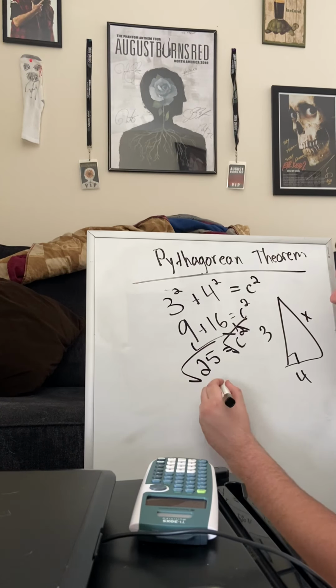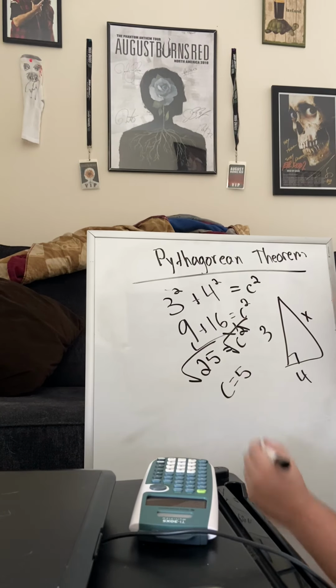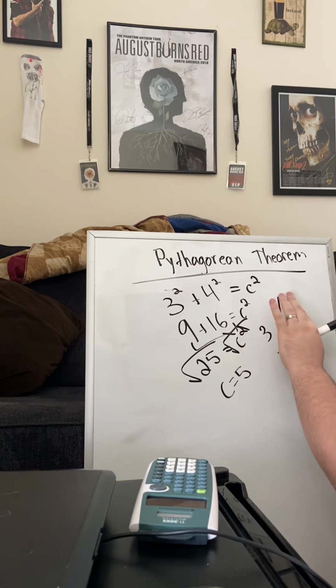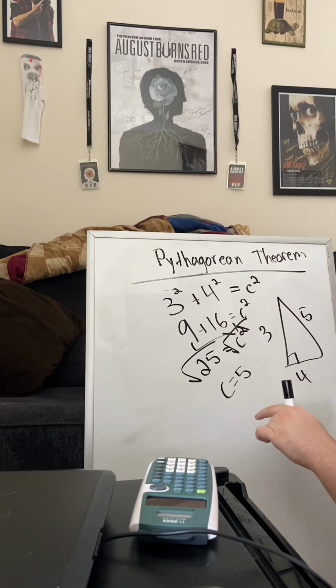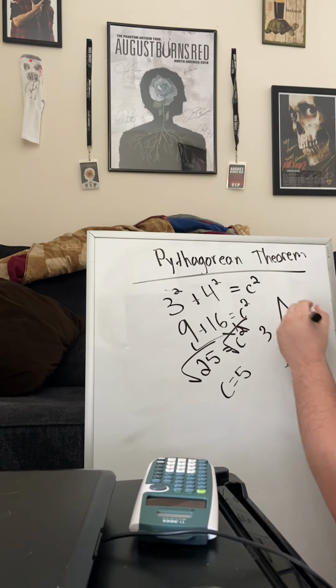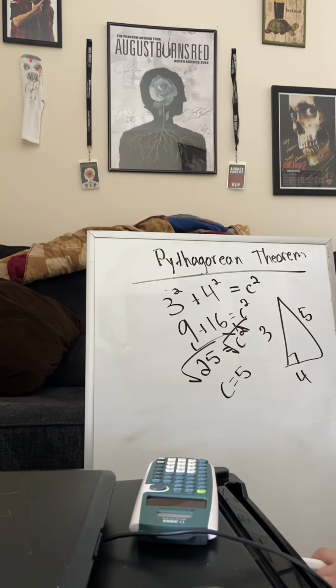It is 5. So c is equal to 5. And that would make sense because c is the hypotenuse, and the hypotenuse has to be the longest side, right? There we go. So a squared plus b squared equals c squared.